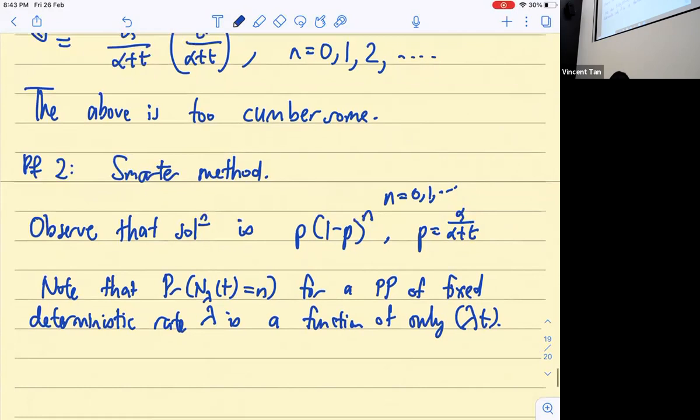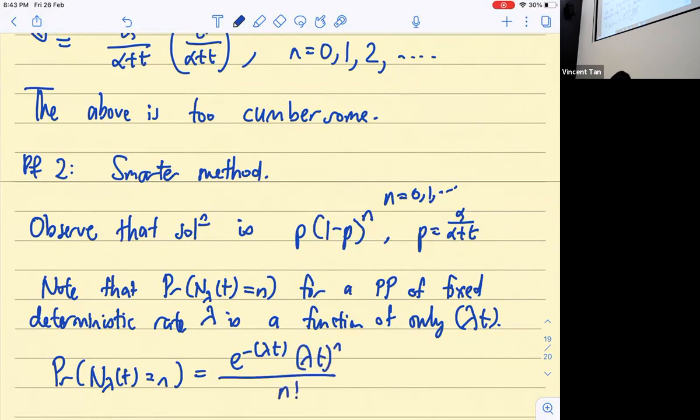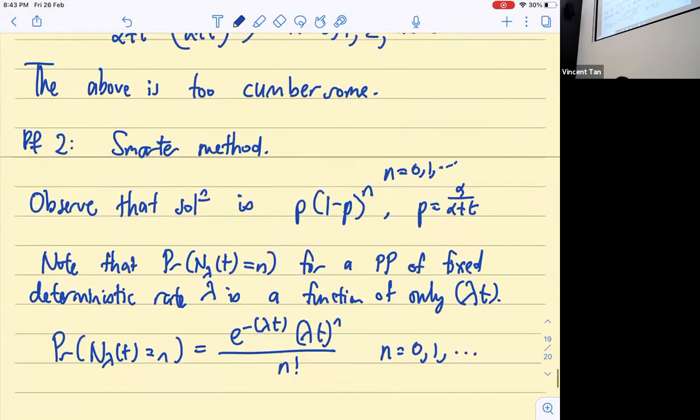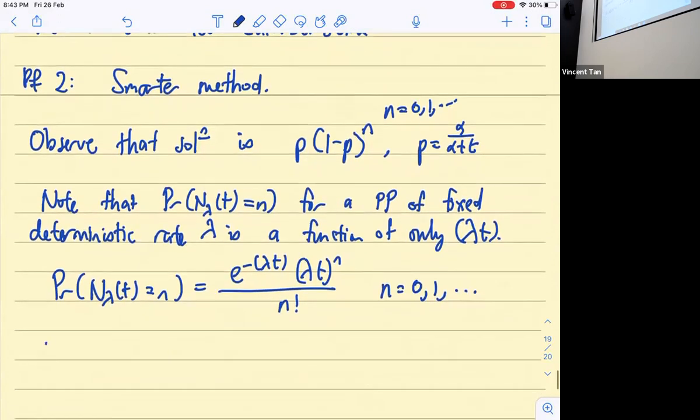Okay. Why? Because this is nothing but e to the minus lambda t, and so on. You see that the lambda and t always kiss each other. They always stick together. So the point here is that this random variable I've written down is the same in distribution as N_1(lambda t).